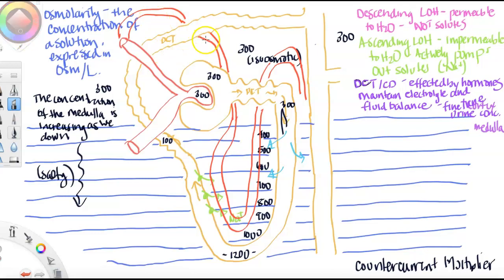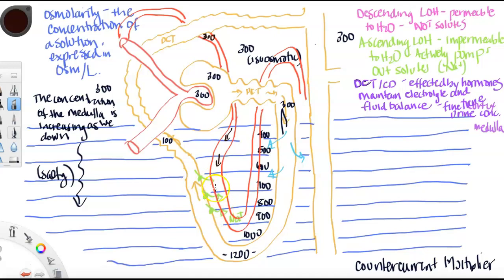So this blood here is also affected by the gradient. Up here in the cortex, it's 300. It's isoosmotic with everything else. But as it goes, remember, it's traveling in this direction, which is opposite of the filtrate, and it's going into this crazy gradient, all right? So as it's coming down here, the blood itself is getting more and more concentrated, because it's taking up some of these ions that are being pumped out.